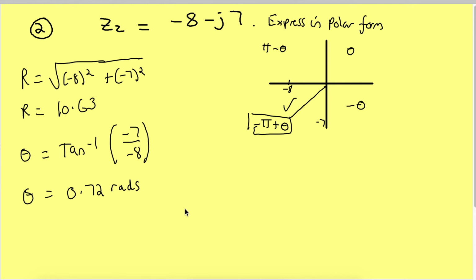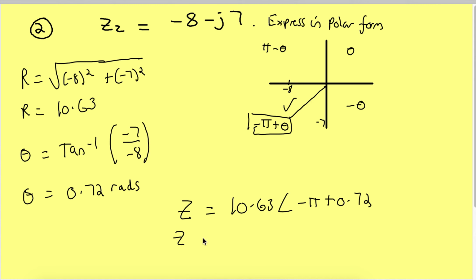So that means our complex number in polar form, as you said, equals 10.63 at an angle of, and don't make the mistake of just writing that, remember it's negative pi plus 0.72, sorry, can't read my own writing. Right.